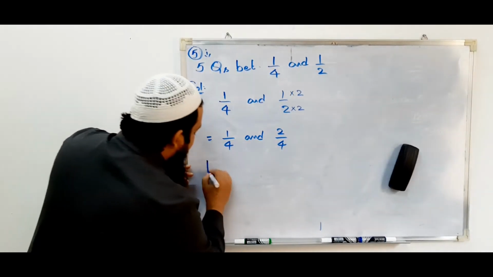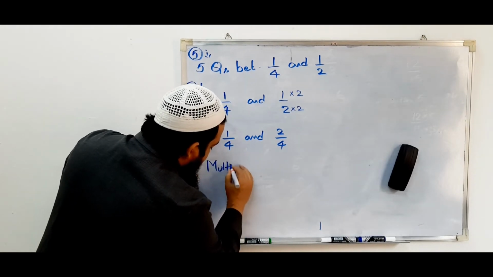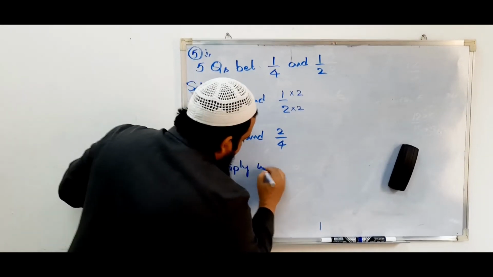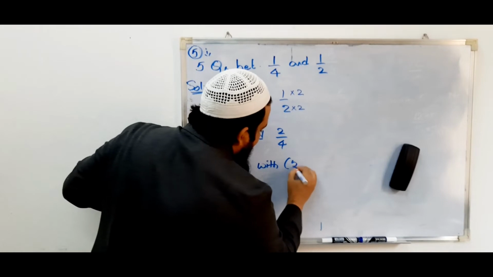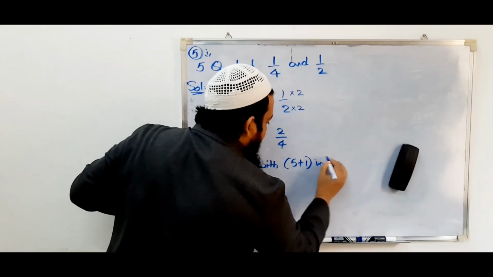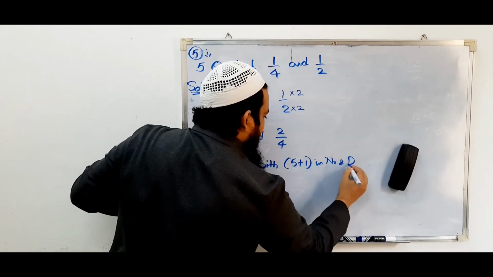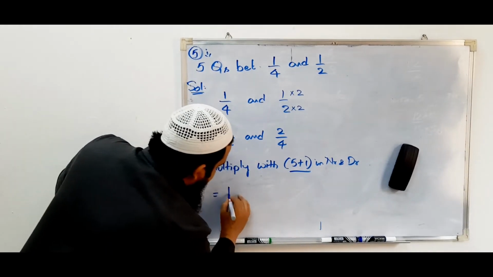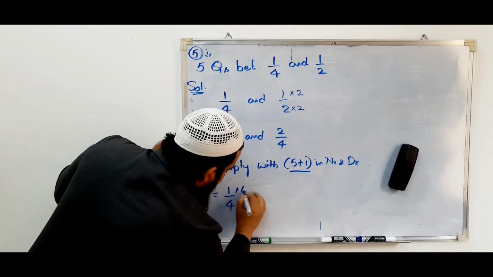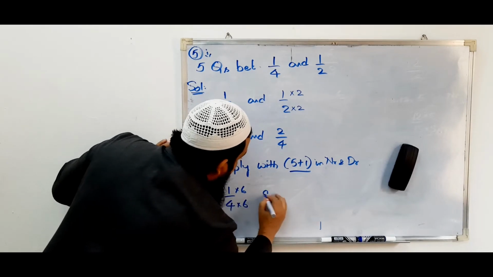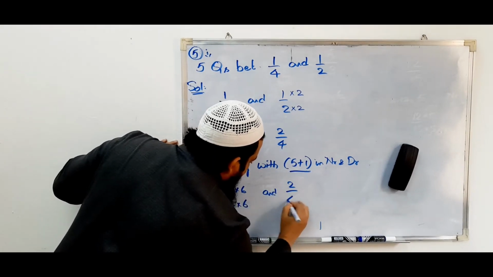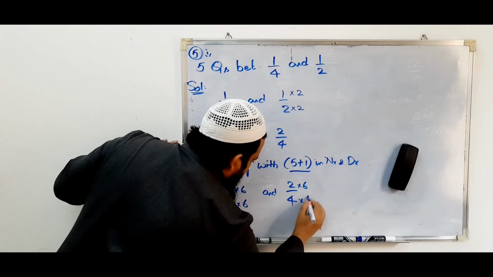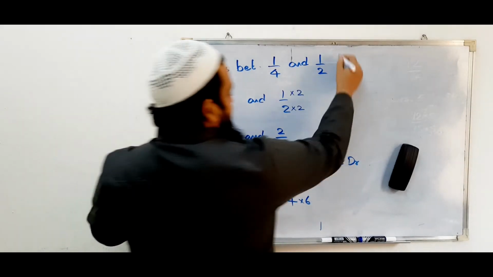So let us multiply with 5 plus 1 in numerator and denominator. So that means 5 plus 1 is 6. So that equals 1 by 4 times 6 and 2 by 4 times 6. Now I'm writing over here.